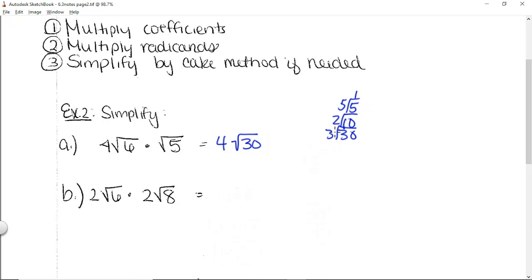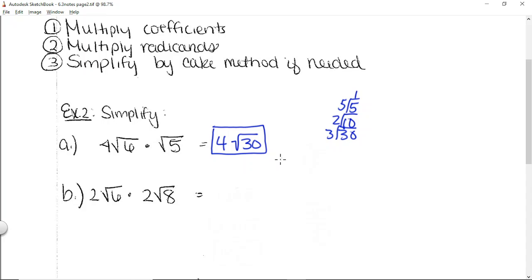There are no groups of 2. Our index here is 2, right? When you don't have it written down, they're both 2. So that's groups of 2 is what we're looking for. There are not any. So you don't pull anything out of the radical. Everything stays in. 3 times 2 times 5, that's 30, right? So it is already simplified, and that's it.